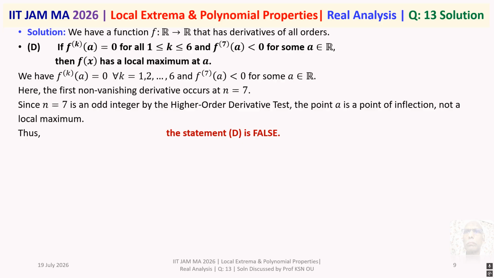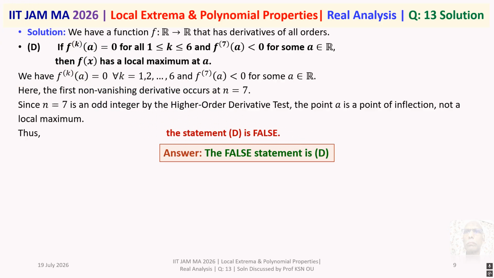This is straightforward rather than looking for a counterexample. Thus, the answer to this question is option D, because that is the false statement. We have to find that statement which is false out of the 4 statements, and A, B, C are true. Therefore, the false statement is D.